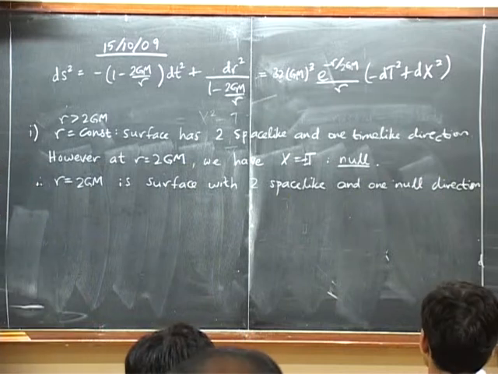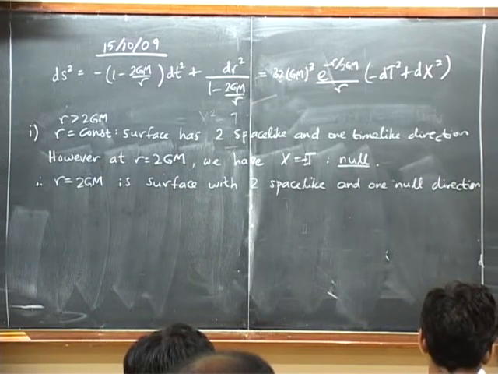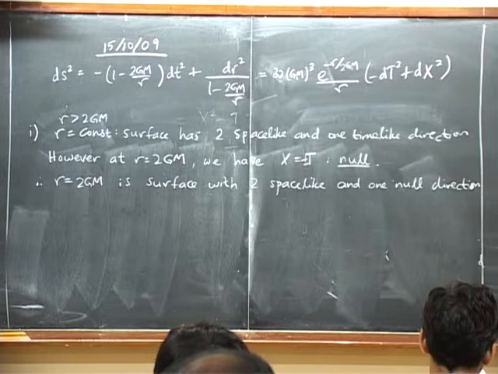Okay. Now a surface with at least one null direction is called a null surface.